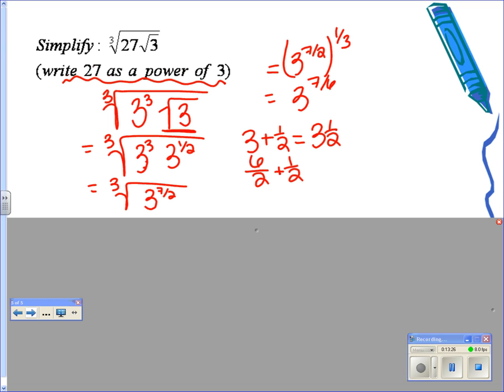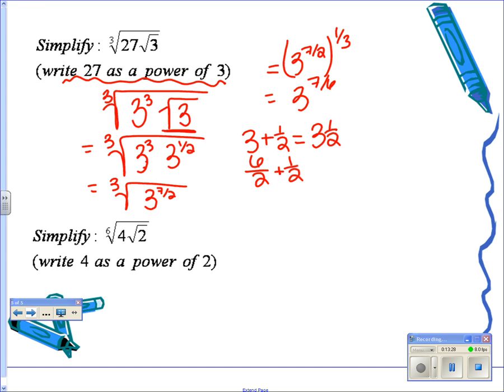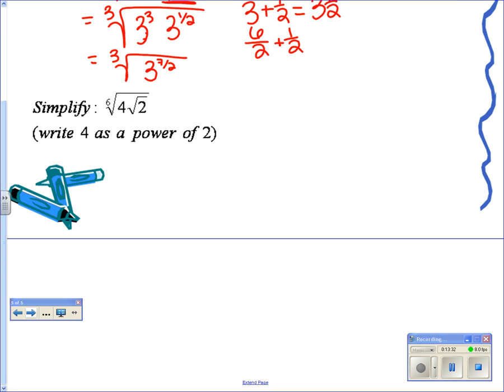Okay, looking at another one. The 6th root of 4 times the square root of 2. If you think you can do it by yourself, go ahead and try. See if you get the same thing.